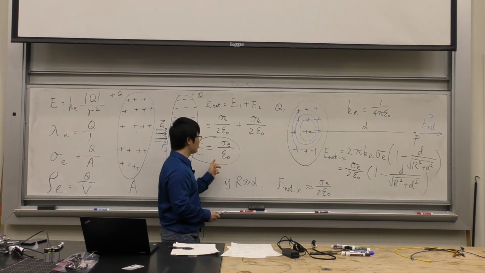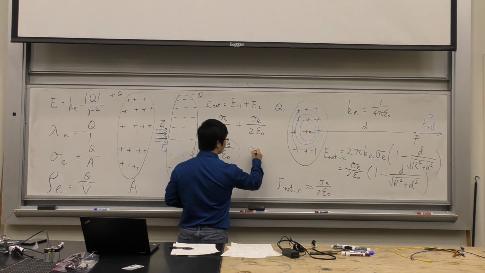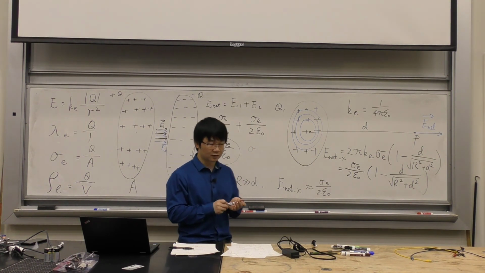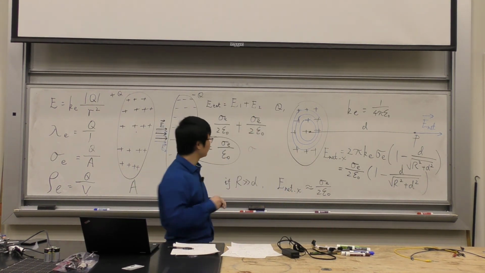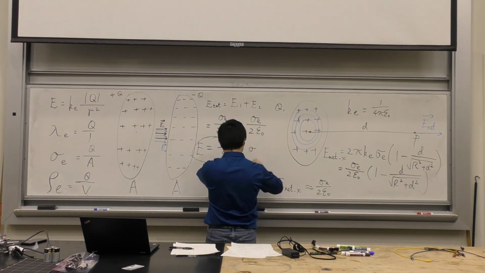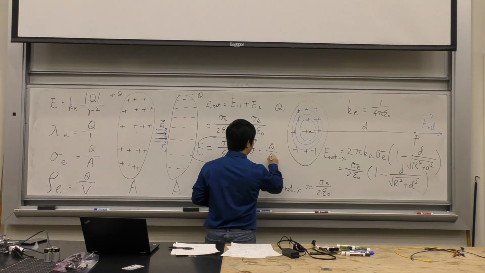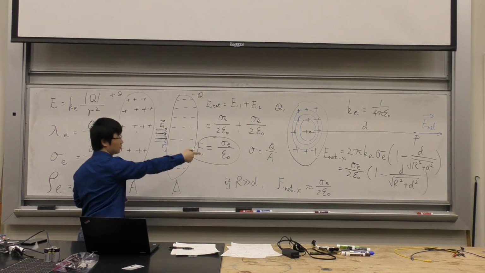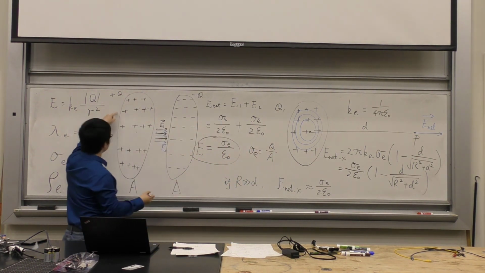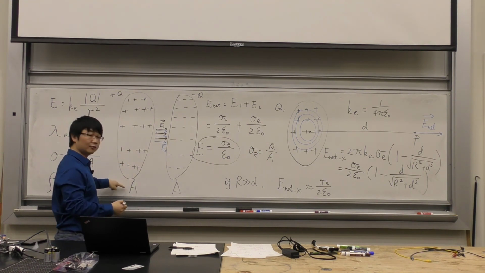So when you use this equation, especially when you calculate this sigma_E, the sigma_E is going to be the charge divided by the area. Remember, what is this sigma_E? Sigma_E is the charge of each plate divided by the area of each plate.